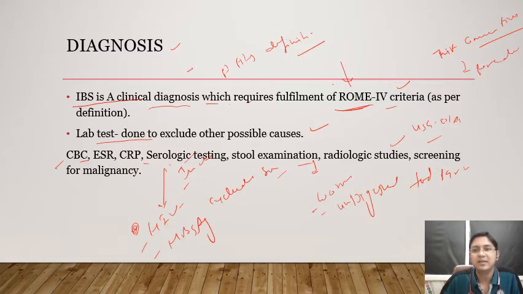We never think of rare diseases the first time. If after these radiological or other examinations we don't find any clue, then we can think of malignancy, which is rare. So we think of it last only. In the beginning we go for routine testing.